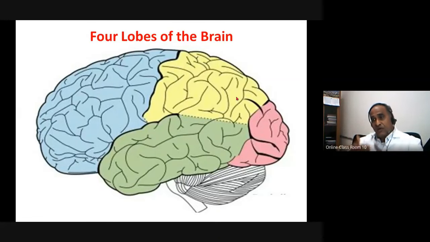Layer 4 is a granular layer. Layer 2 is the outer granular layer, layer 3 is the outer pyramidal cell layer, and layer 4 is the inner granular layer. This is the major cell line. Layer 5 is a giant pyramidal cell layer, or inner pyramidal cell layer, and layer 6 is a fusiform layer. Layer 4 is sensory; it receives all sensory modalities or inputs into its granular cells. Layer 5 gives information to the brainstem and spinal cord.